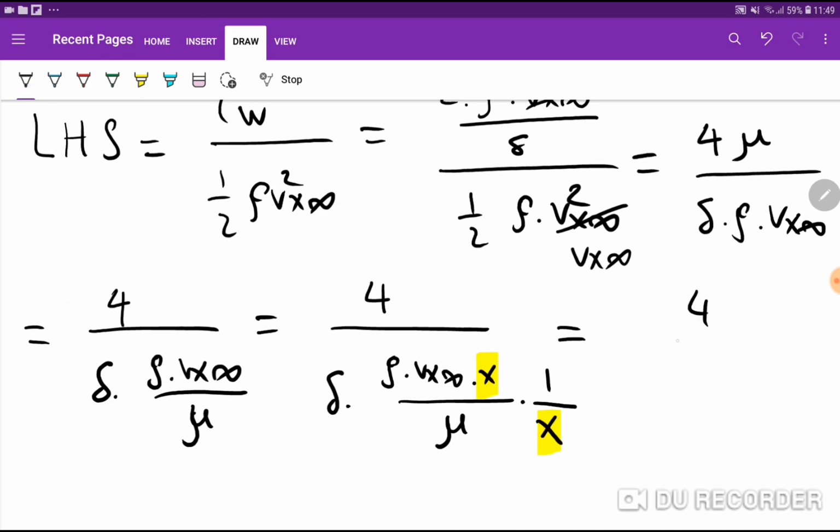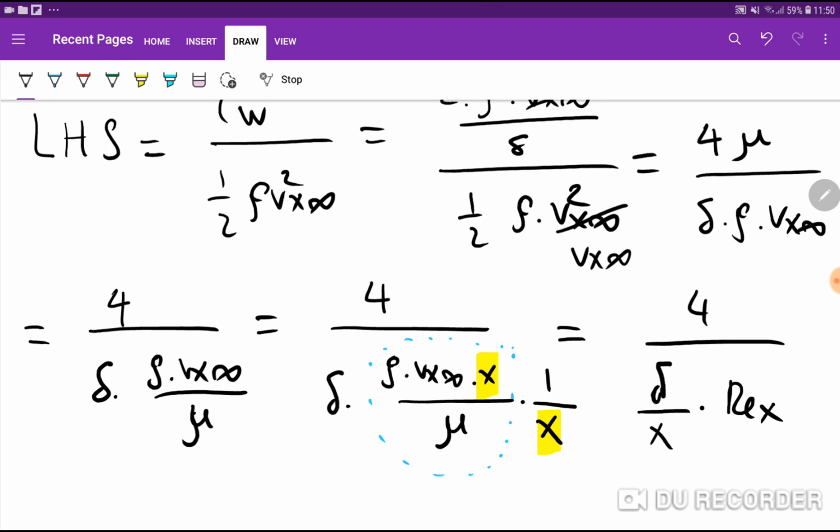Equal to 4 over... do you see this term right here? This term right here is actually the Reynolds number. So what do we have? We have 4 over delta over x times Rex. Beautiful. Now, let's see what we can do with this.